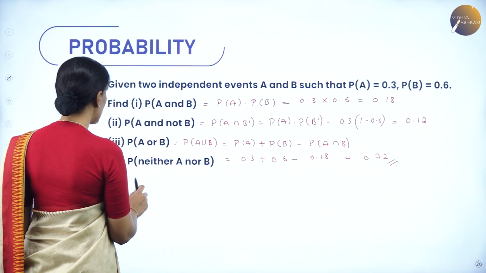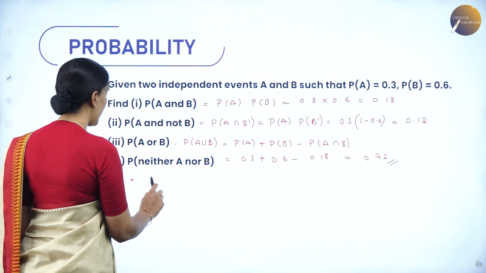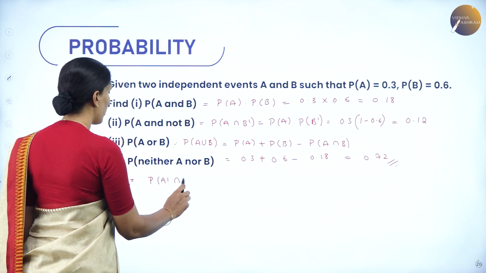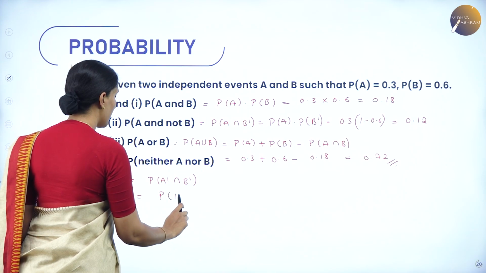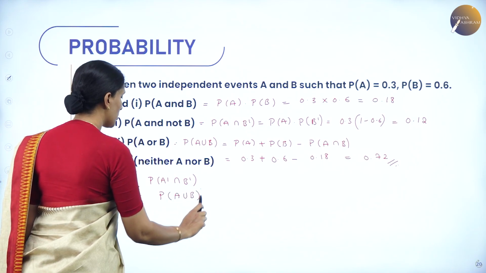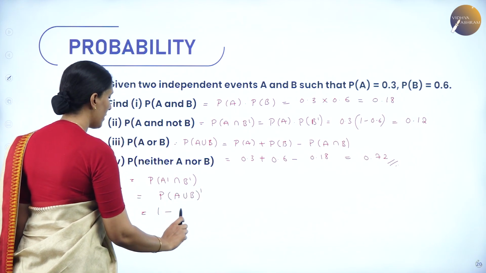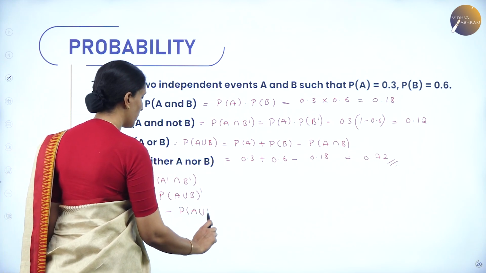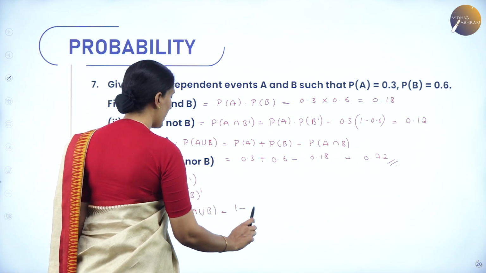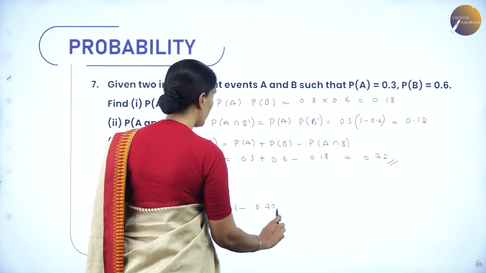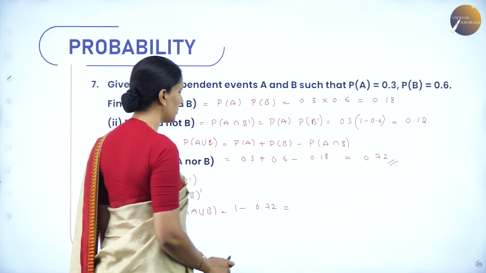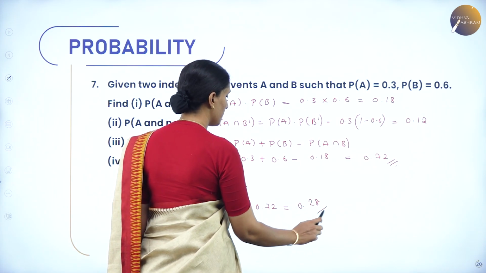The last one is probability of neither A nor B. That is equal to probability of A union B whole dash, which can be written as 1 minus probability of A union B. So 1 minus probability of A union B, given as 0.72, is equal to 0.28.